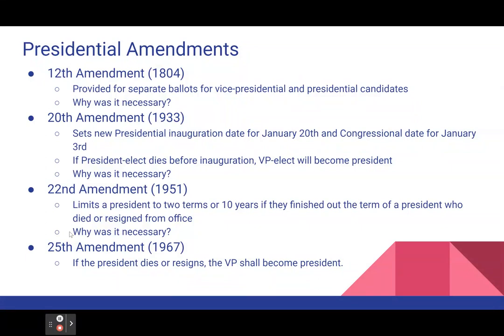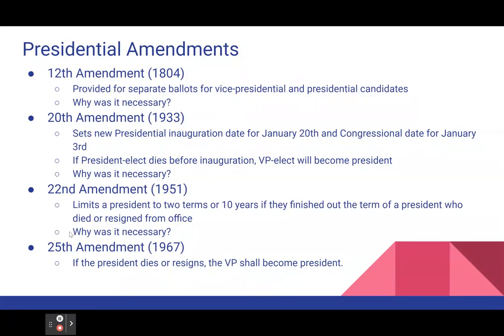The vice president and the majority of the president's cabinet would have to use the 25th Amendment to inform Congress about the state of the president, and then install the vice president as the president of the United States. And if and when the president believes that he can resume his duties, then he himself will inform Congress.